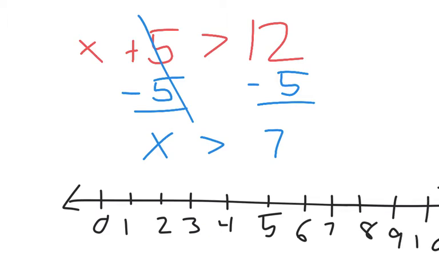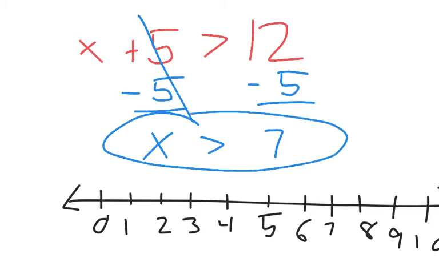So this says x can be anything bigger than 7. What did we do? We went to that point of interest, 7, and we would circle it. And then we want to shade in anything that could be an answer. So we said, what were the possible answers? 7.1, 7.2, 8, 9, 10. It's numbers going in this direction are our answers. So we would shade everything to the right of 7.